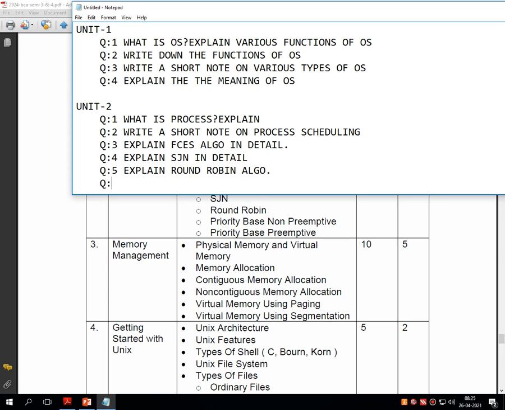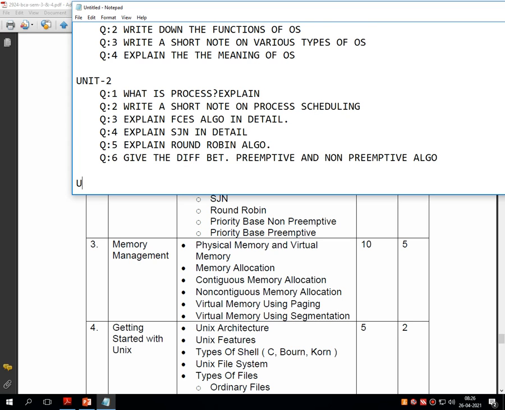Question number 6. Give the difference between preemptive and non-preemptive algorithm.